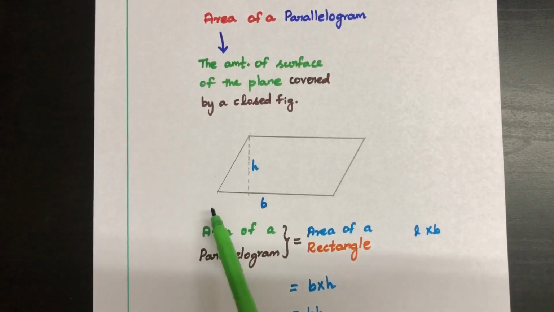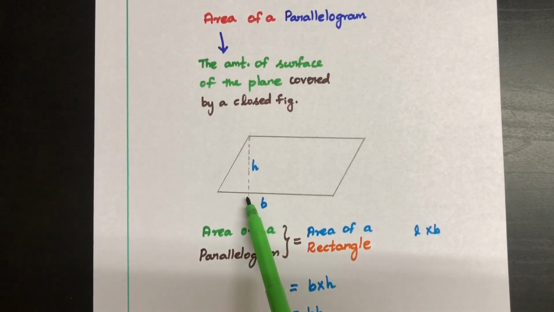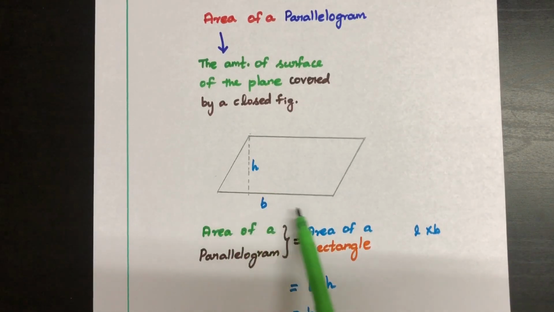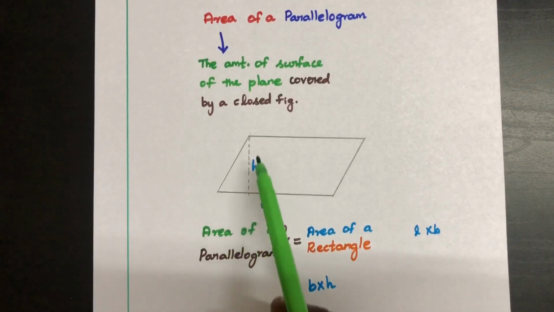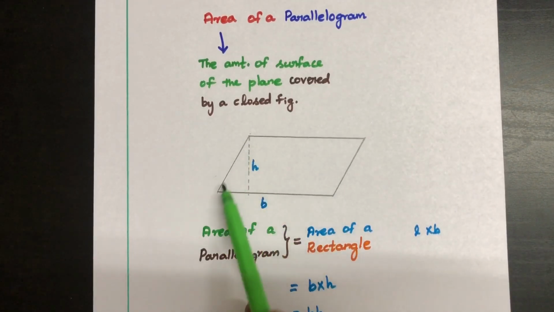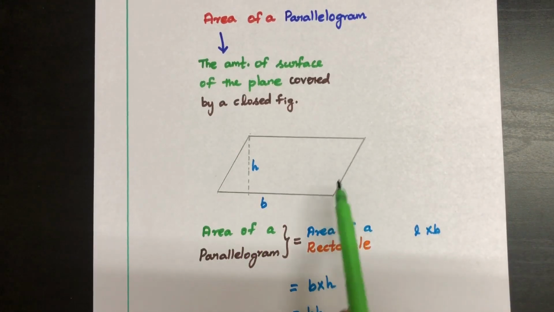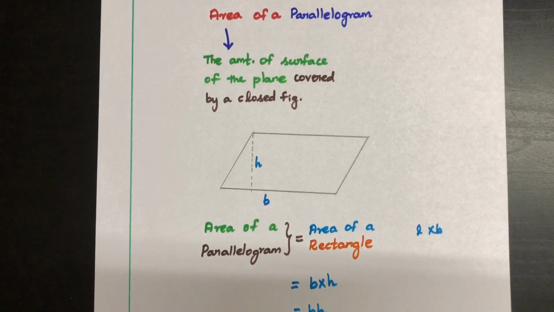See, this is a parallelogram. From this vertex we can draw a perpendicular to this baseline. This is called the height now. So take this as base. If you cut this portion and place it here, it will become a rectangle, right?